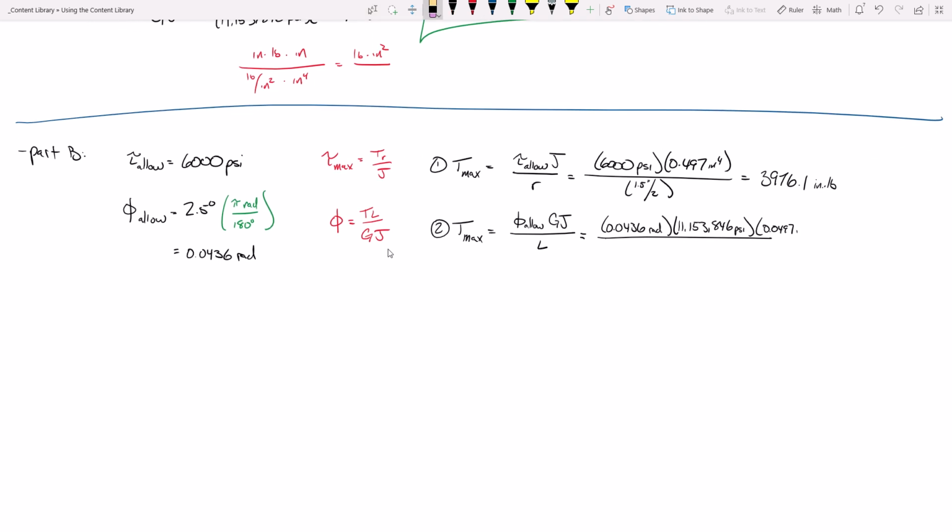J is just going to be 497.0. Oh, thank you. You are 100% correct. Inch pounds. 4479.2, and those are inch pounds.